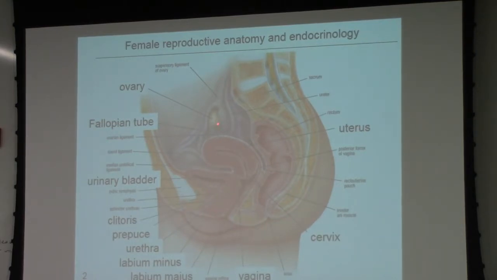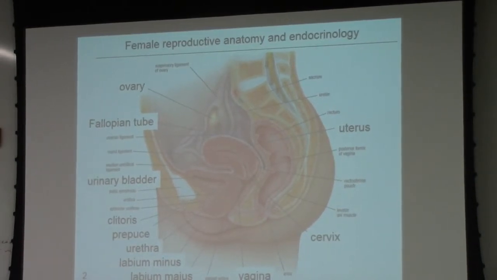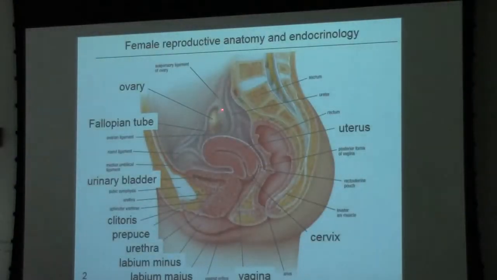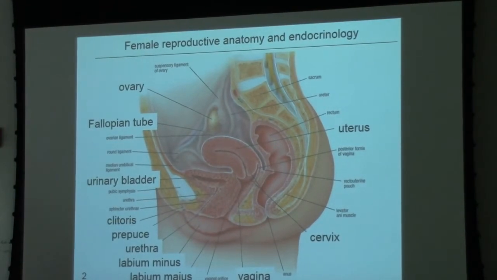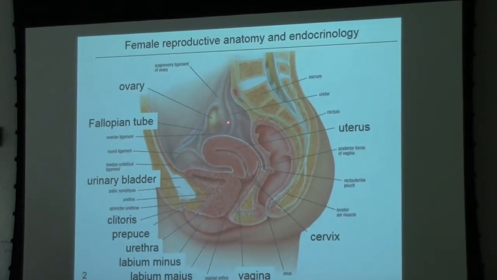The ova moves from the ovary into this wrinkled edge of the fallopian tube, which has this name. It's called the fimbria, and that's where the ova is going to be picked up by the fallopian tube and then transported by ciliary movement of the cells that line the fallopian tube from the ovary to the uterus.